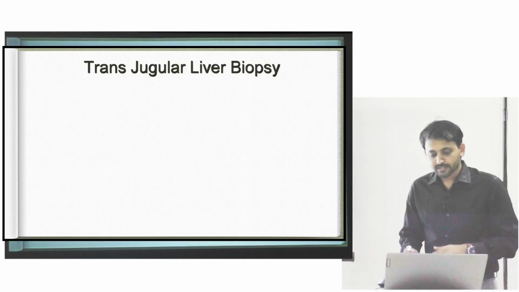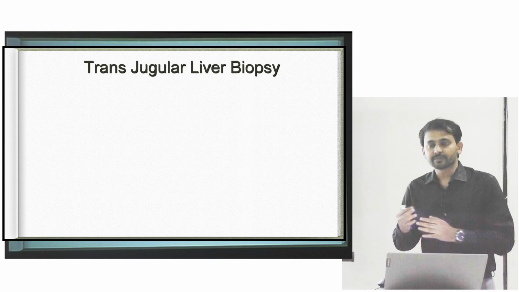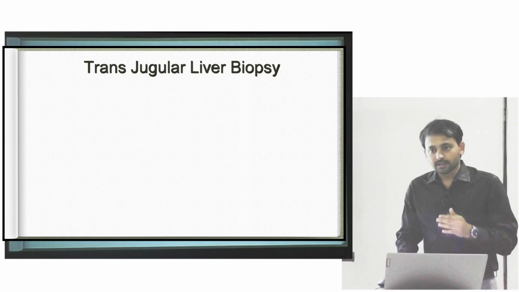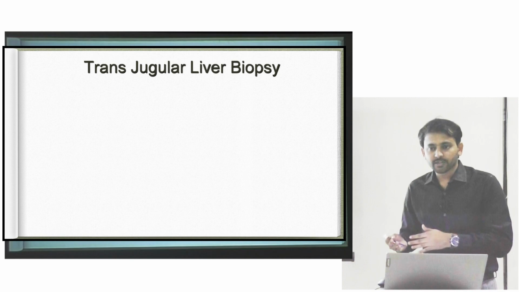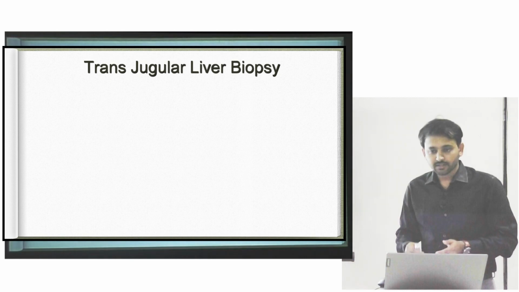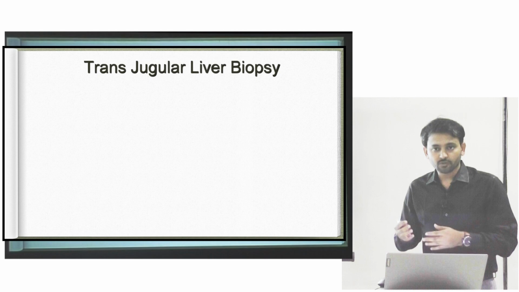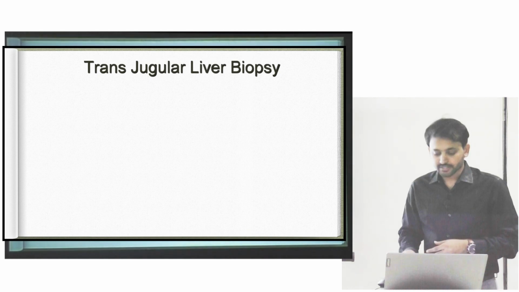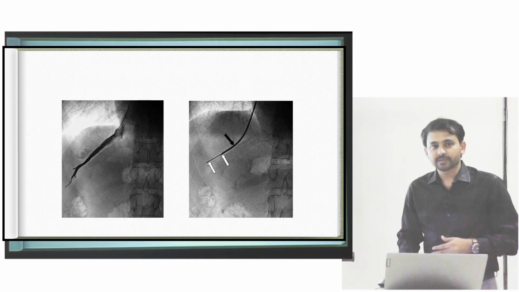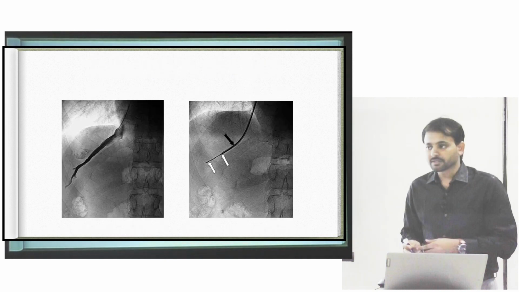Another special entity is transjugular liver biopsy, especially in liver failure patients where doing an open biopsy or percutaneous biopsy is difficult, especially with coagulation failure, massive ascites, and post liver transplant patients. TJLB is one special entity where the diagnosis is mandatory.